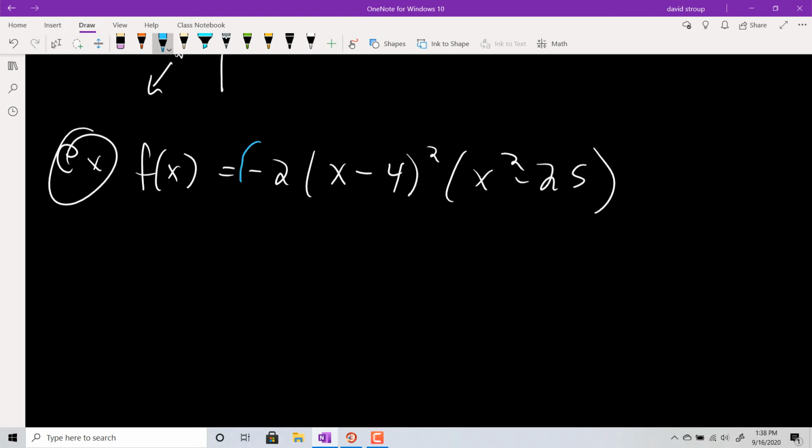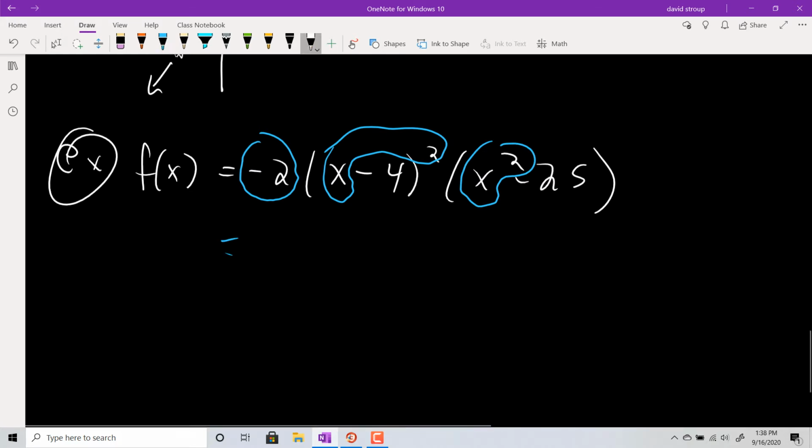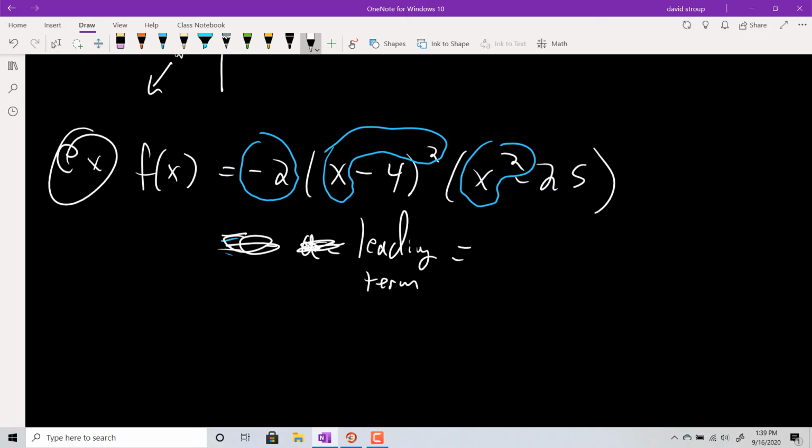I'm going to multiply -2 times this x squared times this x squared, and that'll be the leading coefficient, believe it or not. The leading term is -2 times x squared times x squared, which will be -2x to the 4th.